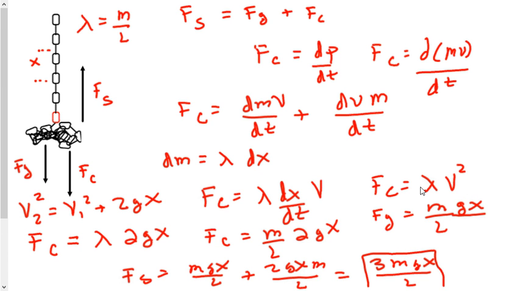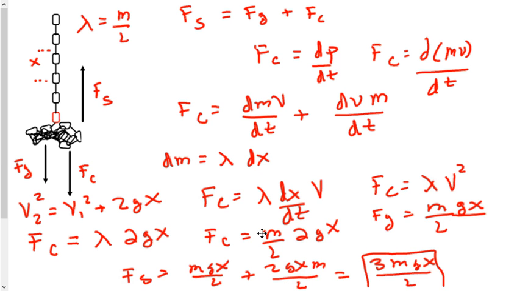Now let's substitute in for lambda. Velocity squared is going to be 2gx, so I'm going to substitute 2gx where I see velocity squared. Now force of the chain is equal to lambda 2gx.